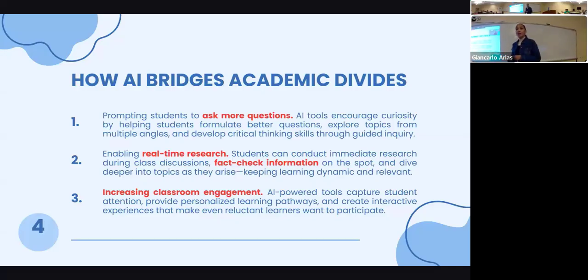Fact-checking the information, because we may be brainstorming it, but do we know what it's giving us is actually real? So we have to fact-check as we're doing it along the way, which also increases classroom engagement, because if the students are asking questions, then obviously they're engaged.